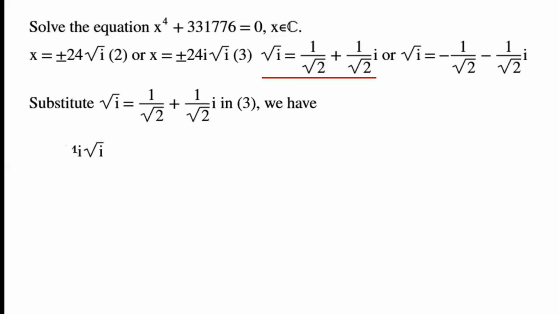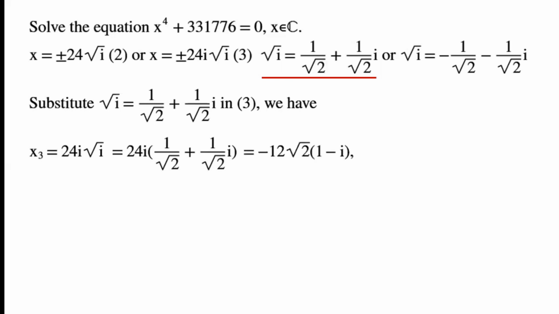We have x3 equals 24i times root i, which is equal to 24i times 1 over root 2 plus 1 over root 2 times i, which can be written as minus 12 times root 2 times 1 minus i.